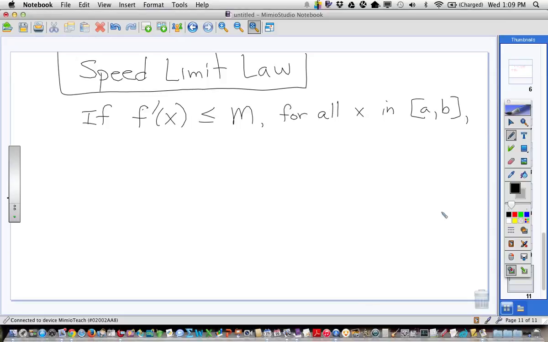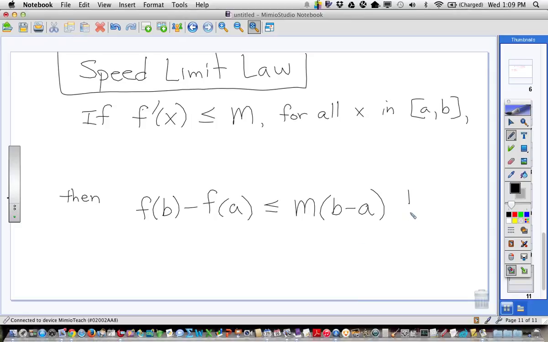Okay, let's write that so far. If f prime of x is less than or equal to M for all x in the closed interval AB, then f of b minus f of a is less than or equal to M times the quantity b minus a.